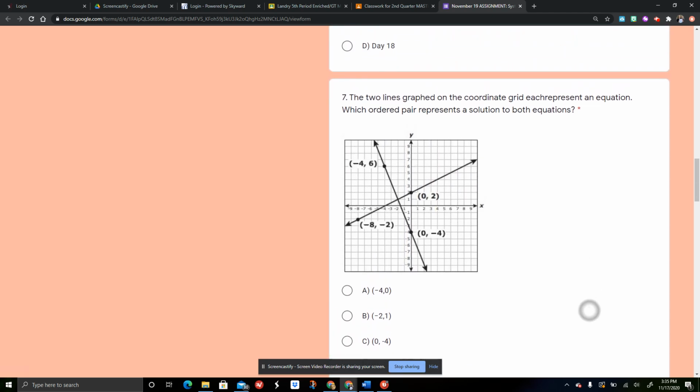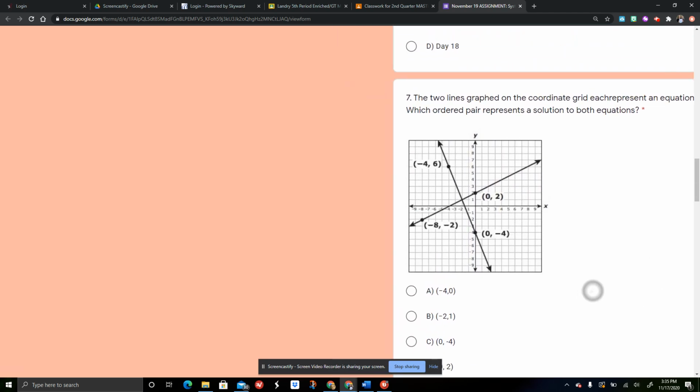So remember on number 7, just like the other ones too, when you're graphing, it's x, comma, y. So start at the origin and either move left or right, and then go up or down. And that's where you get your numbers for your x, comma, y.